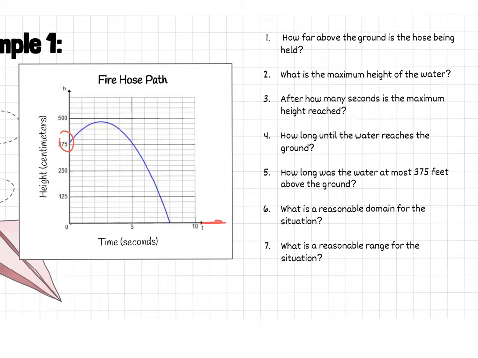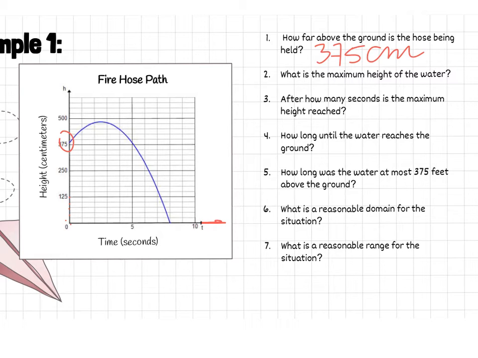So that would be, I think, reasonable for a ladder truck if they extend the ladder. So you might want to say, no, it's not right on 375, I think it's 376, or, okay, they go by 25s. So you might want to say like 400. I'm going to just go ahead and say 375 centimeters.